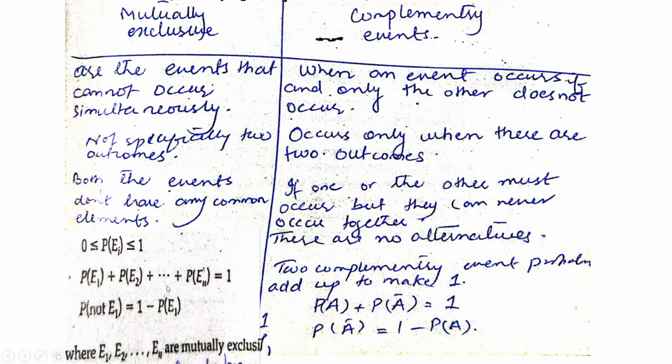And if we are calculating the probability of not having that event, then it would be 1 minus the probability of having the event. These are the three properties that you must remember. Then coming to the two complementary events, one is the counterpart of the other. If this happens and if this doesn't happen, then the sum would be equal to 1. And the probability of not having that event would be 1 minus that event.